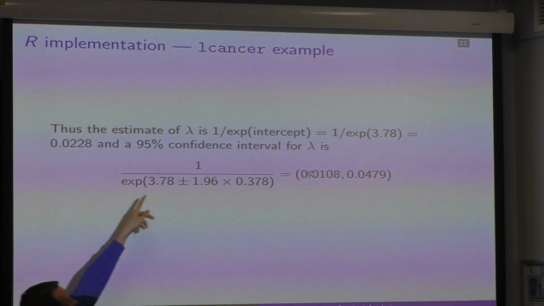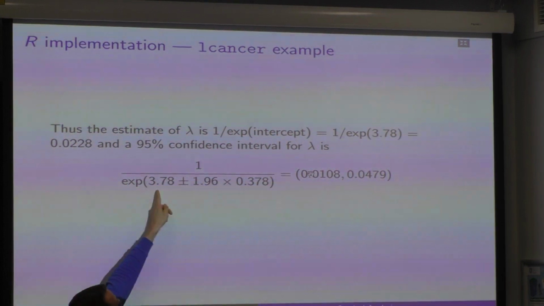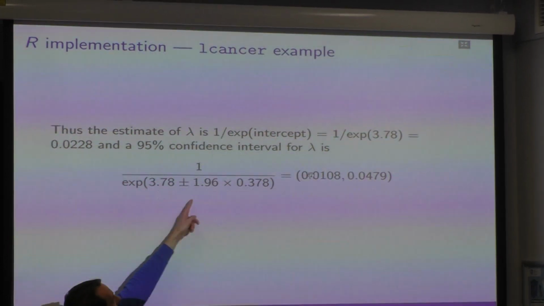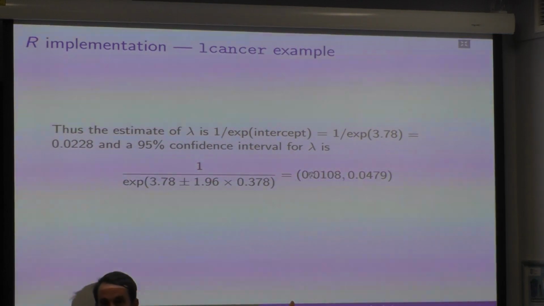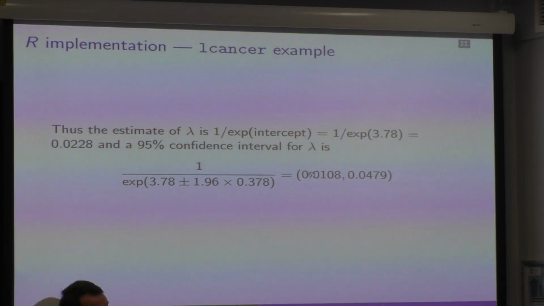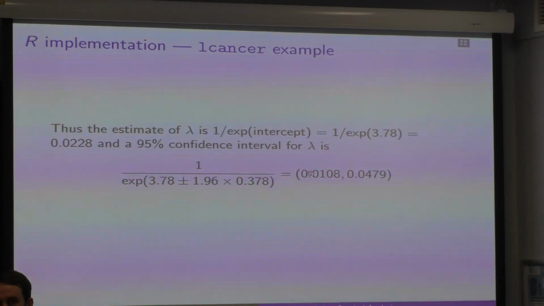And if I want to work out a confidence interval, as I said, it's easiest to work out a confidence interval for the intercept. So take 3.78 plus or minus 1.96 times its standard error. That'll give you two numbers. Then work out 1 over e to the power of both of those numbers separately, and that'll give you an interval.